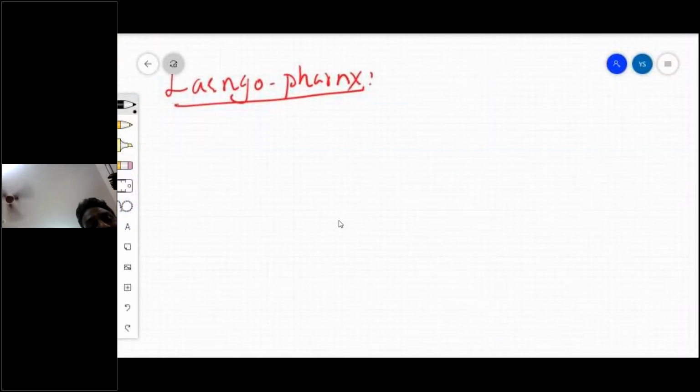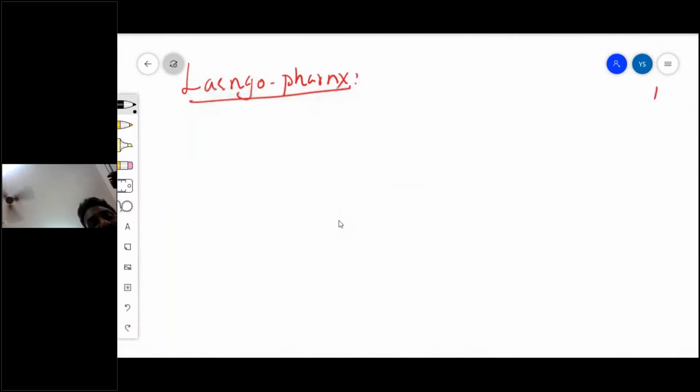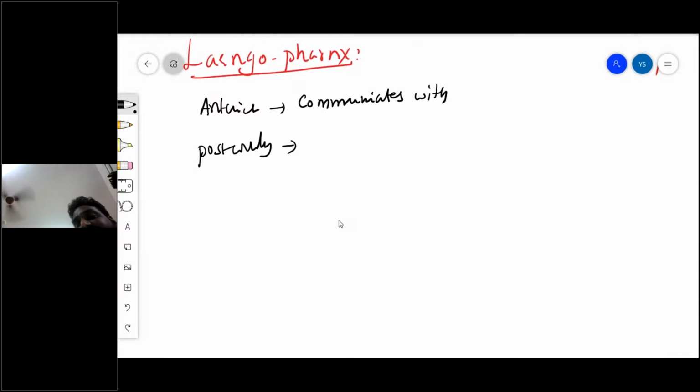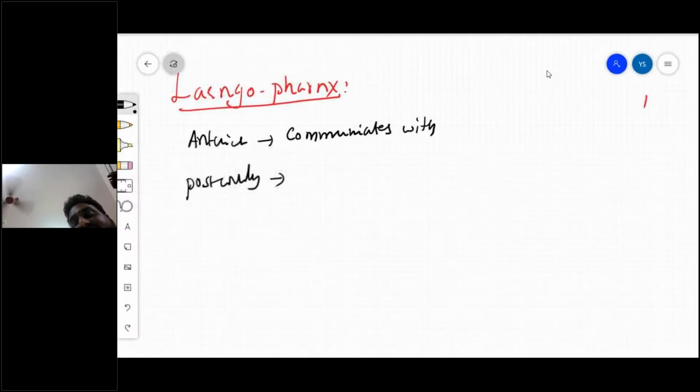Now we write down the boundaries of the laryngopharynx. Anteriorly, communicates with which part? What does the laryngopharynx communicate with anteriorly? So anteriorly it communicates with the larynx through the laryngeal inlet.